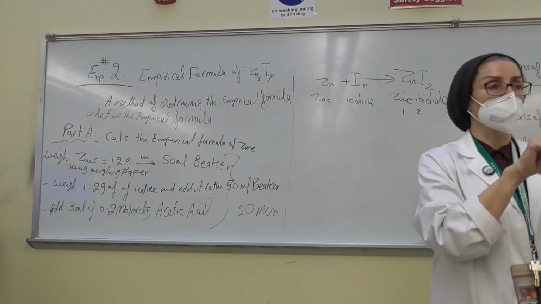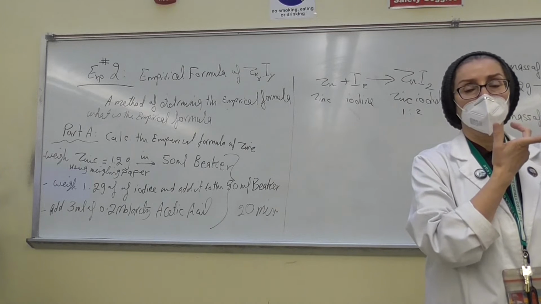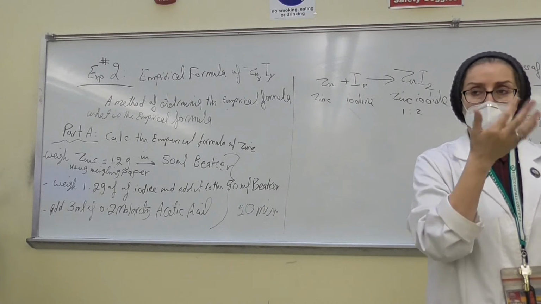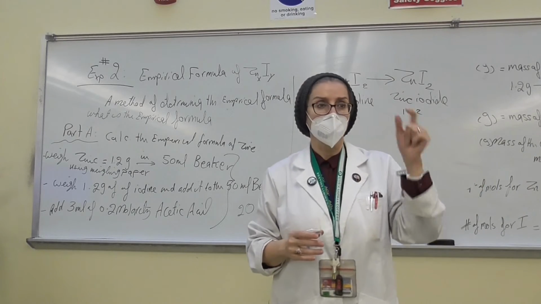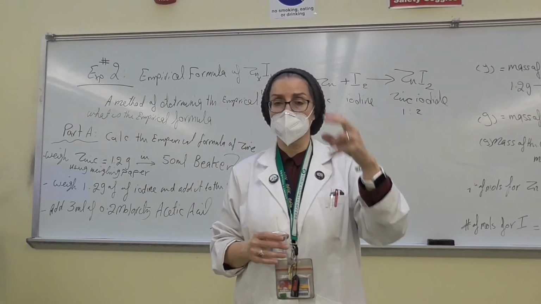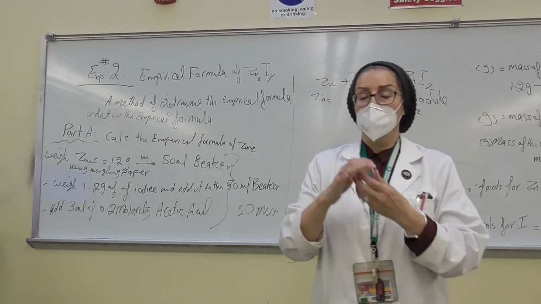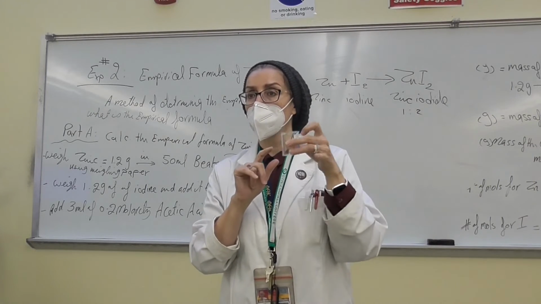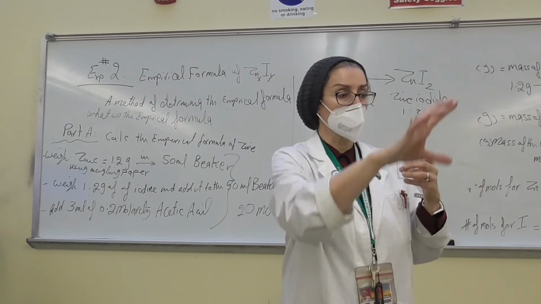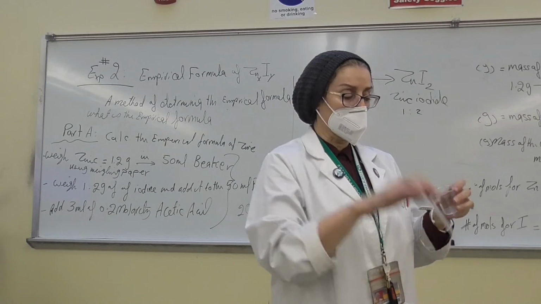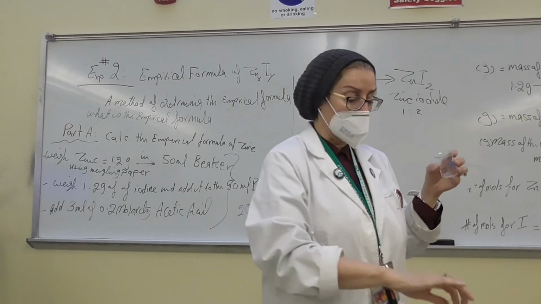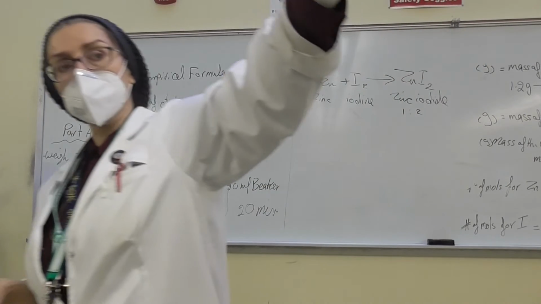Whatever is left over, you need to rinse it a 3rd and 4th time. Remember, the first 1 ml, we added to the dish, right? The 2nd rinsing, added to the dish. The 3rd time, when you rinse it, you're not going to add it to the dish. You can take it very, very slowly, and then discard it under the hood.